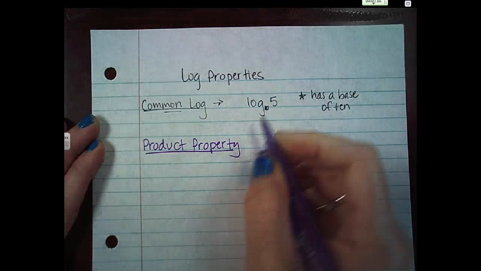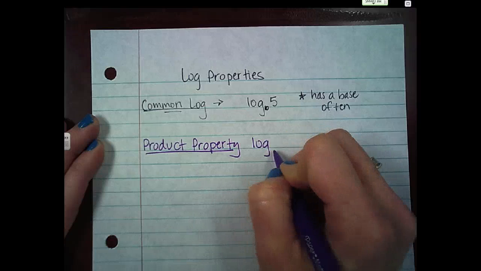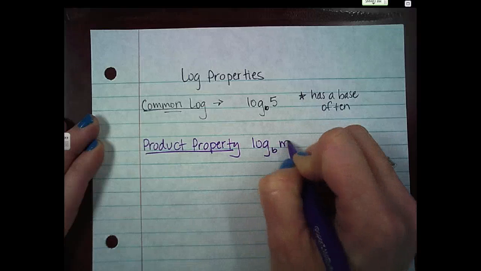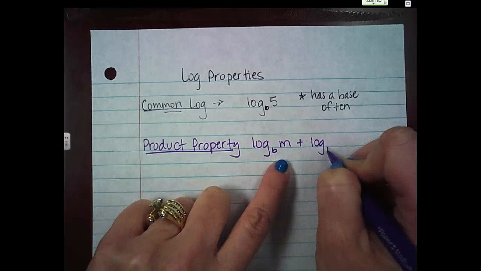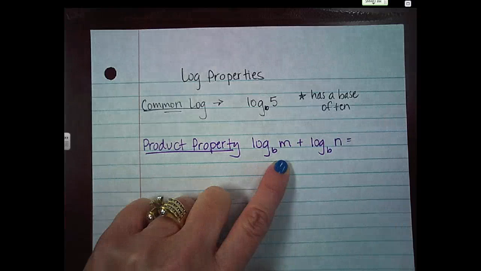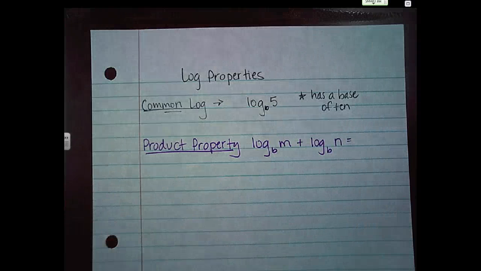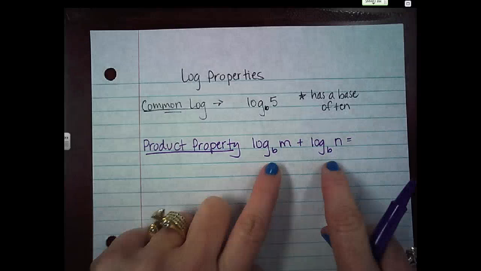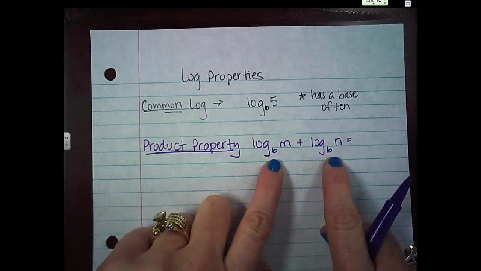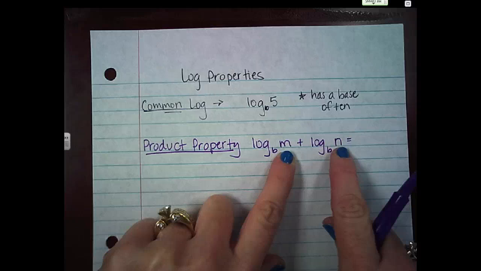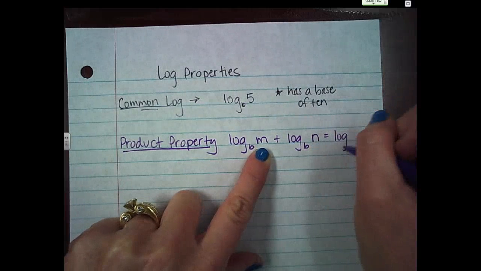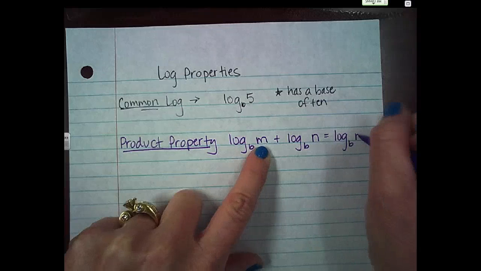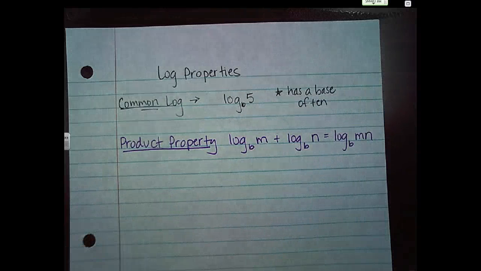The product property looks like, if I gave you log base b of m plus log base b of n, then if you have 2 logs, and you'll notice here that the bases are the same, both are base b, then you can write it as 1 log. All you do is take log base b, same base, and you multiply the m and n together. That is the same thing.